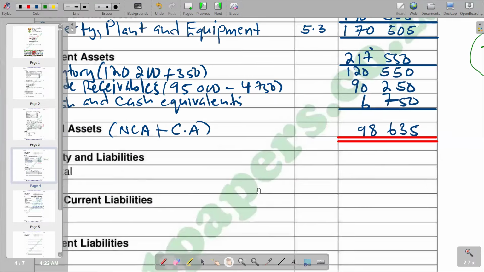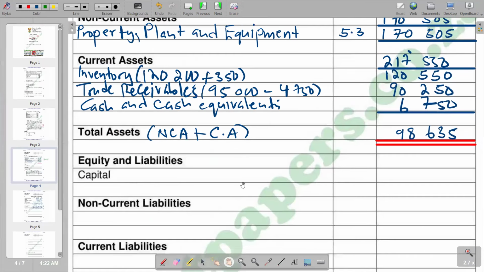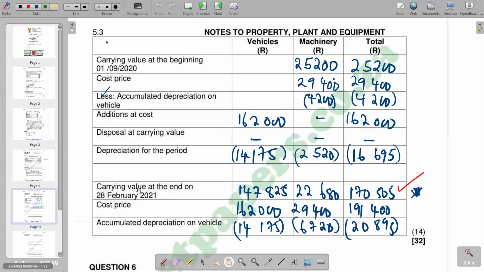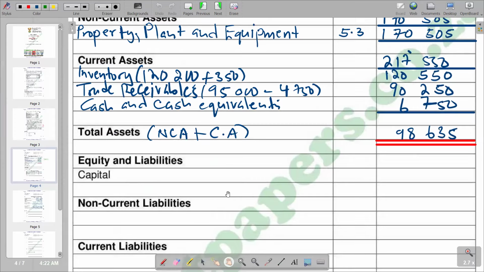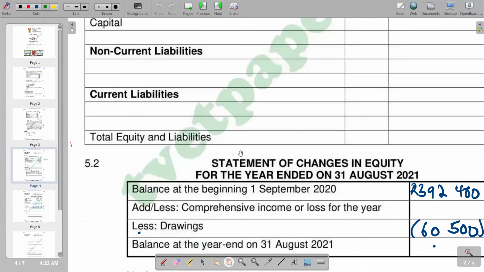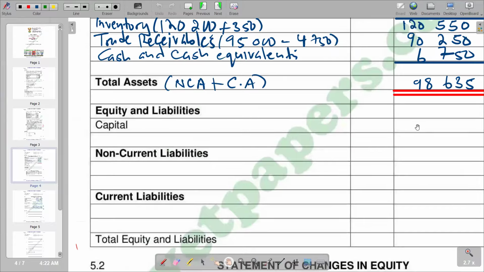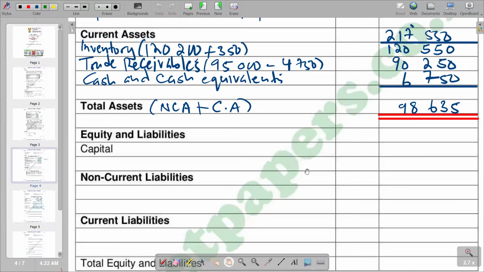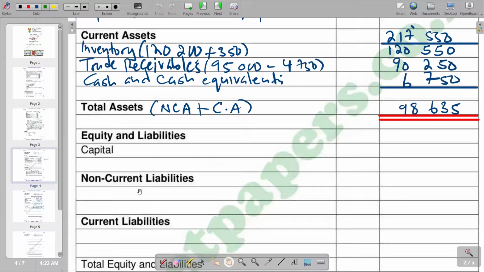So going down now, we are on our capital. Remember, the capital figure, we don't have it according to this person. This is the same figure that is supposed to come here as our capital. So we are going to leave it blank again. We'll come back to it as a balancing figure.